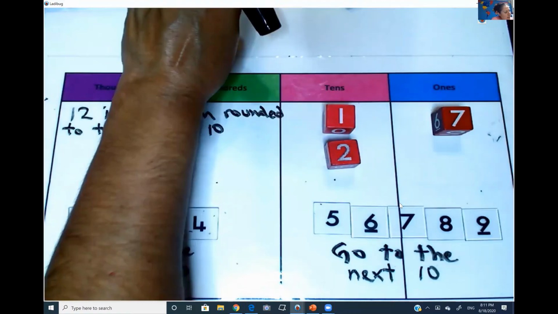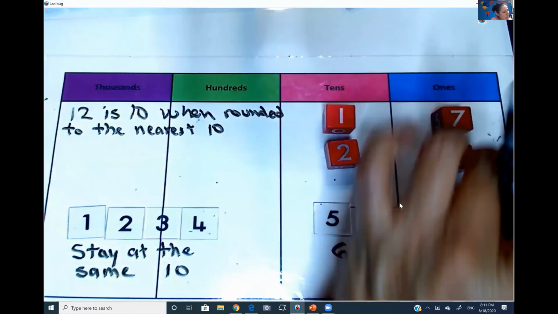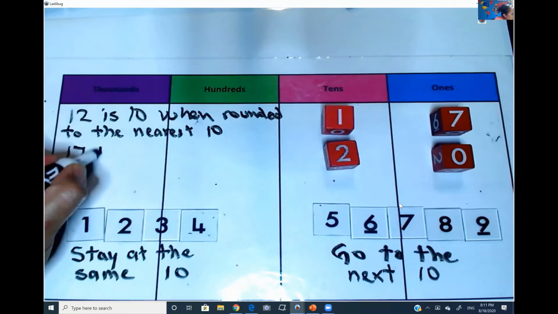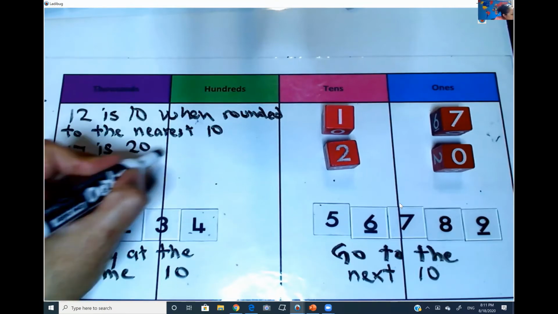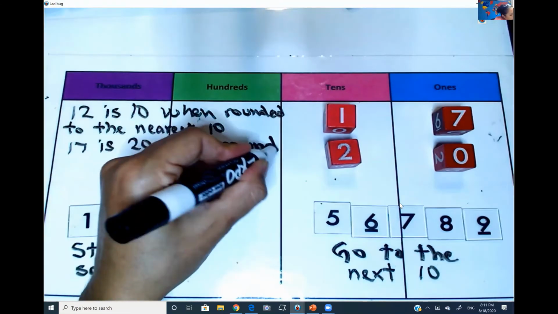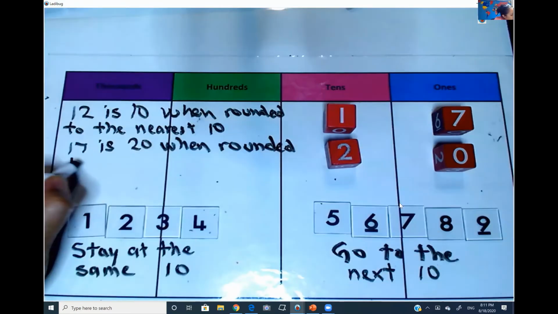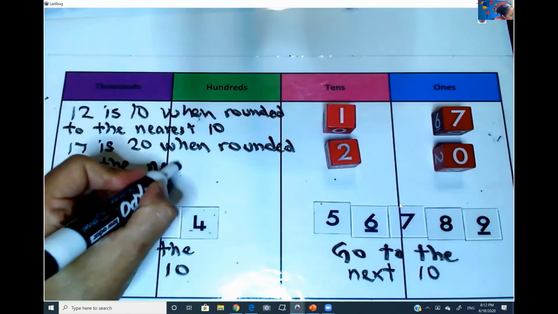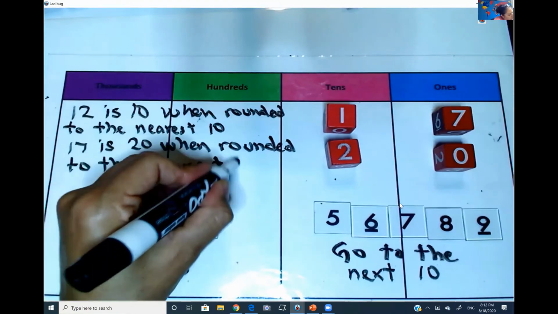And the 7 is going to become a 0. So I can tell that 17 is 20 when rounded to the nearest 10.